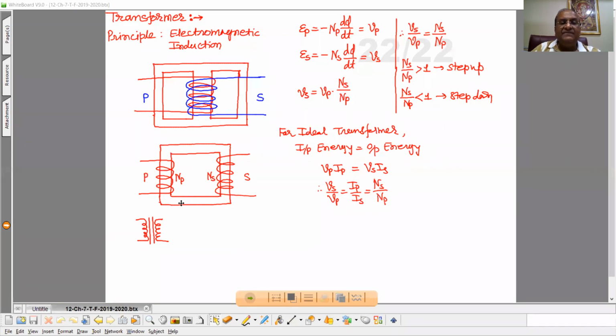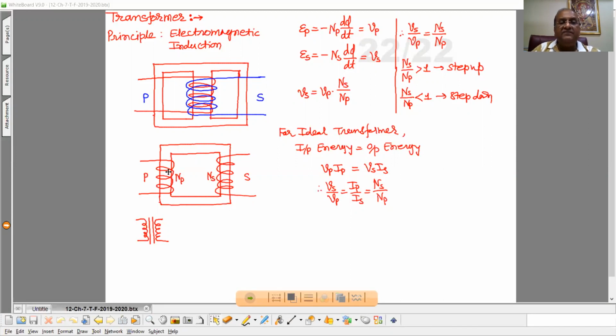But see, the same core is here for the secondary also. So when those magnetic field lines are passing through this particular core, it implies that the magnetic field is passing through this secondary coil also.